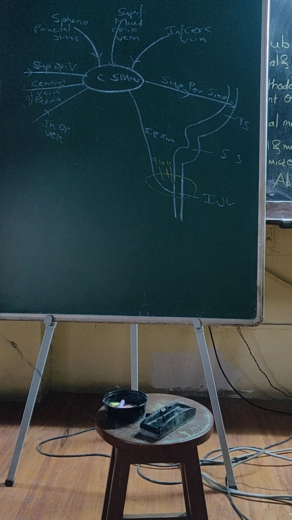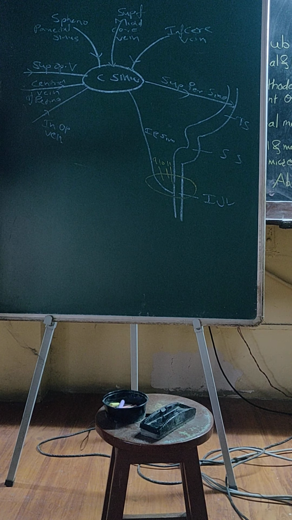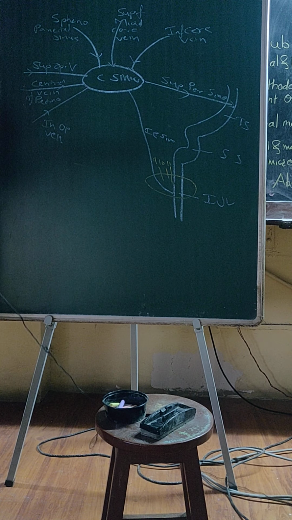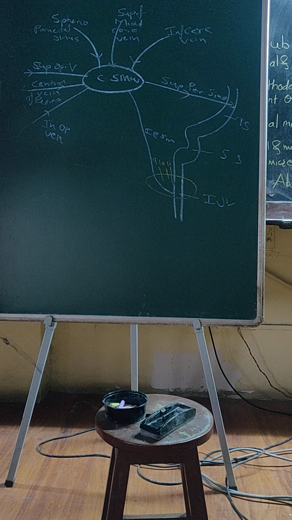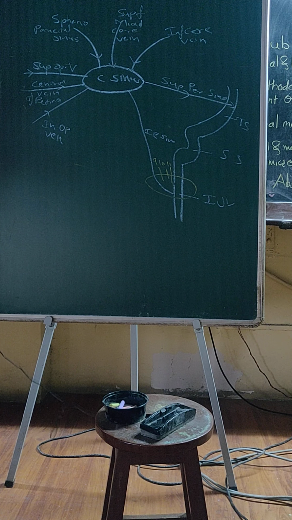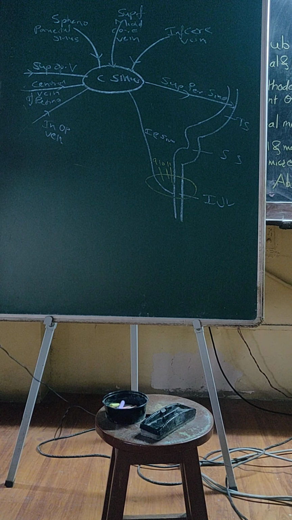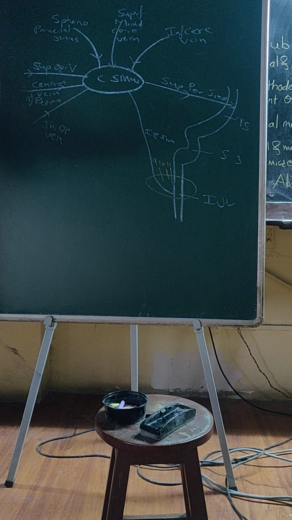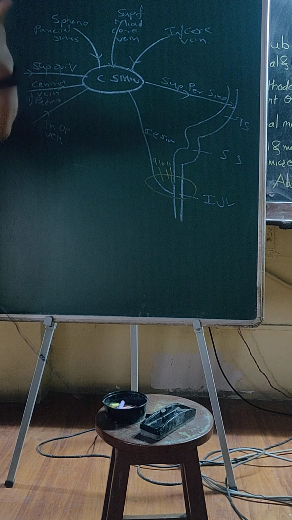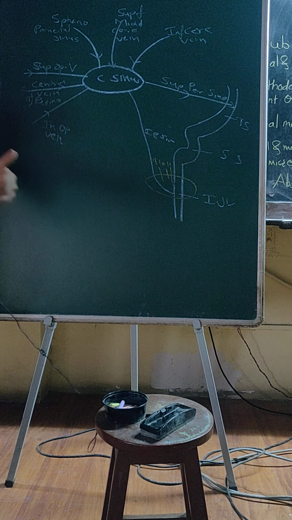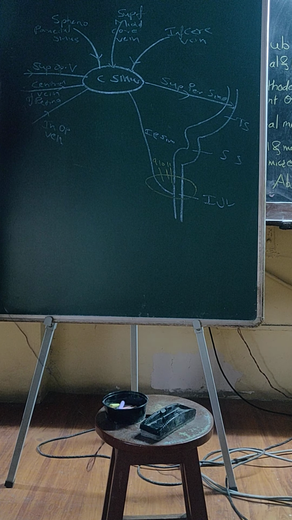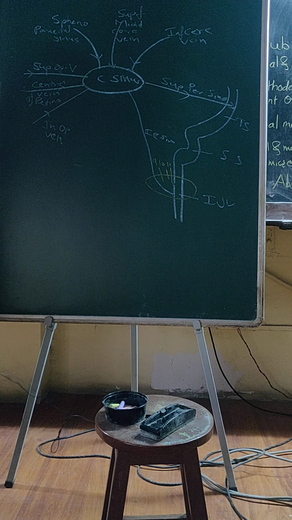Now all of you can tell me the 5 structures passing through the jugular foramen. Anterior most is inferior petrosal sinus. Posterior most is internal jugular vein. And what lie in between? 9, 10 and 11 cranial. Is it clear to all of you?